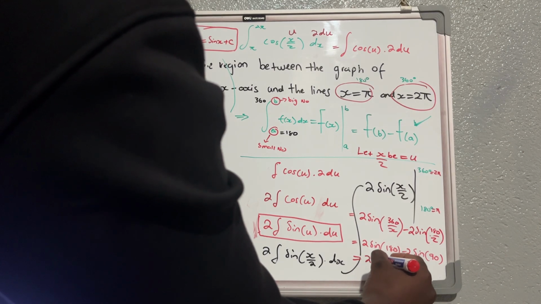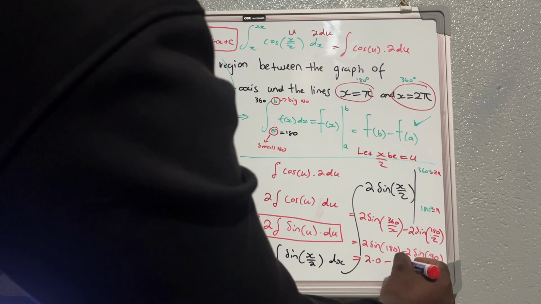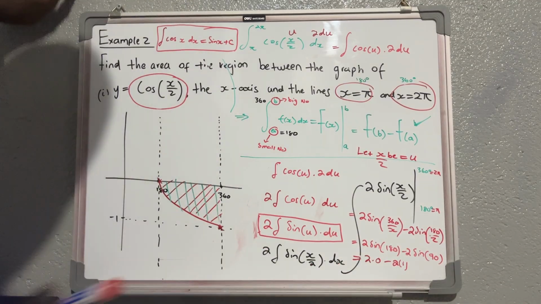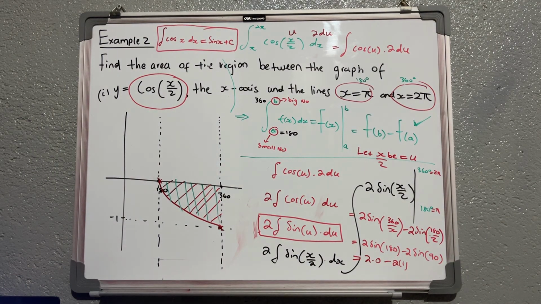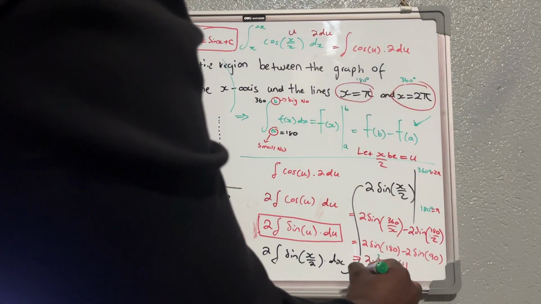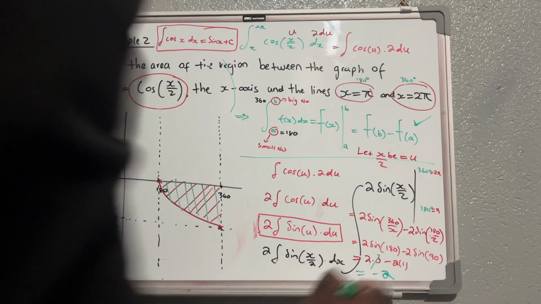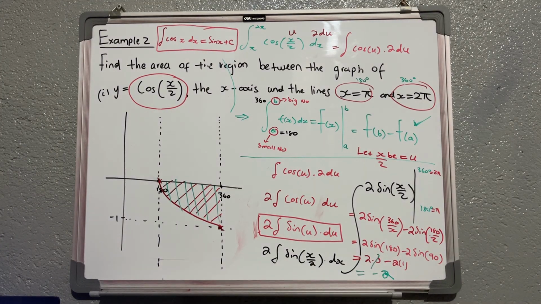This is the same as having 2 multiplied by 0 minus 2 sine of 90, it's 1. Then this will cancel. 2 multiplied by 0, this is the same as having 0. Then your final answer will give you minus 2. So minus 2 would definitely be the final answer that you are having for this type of problem.